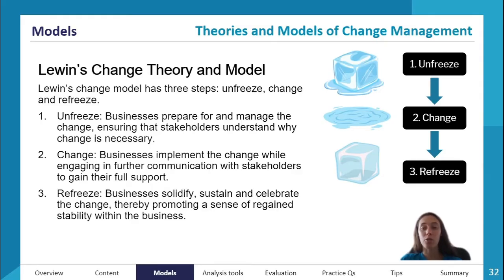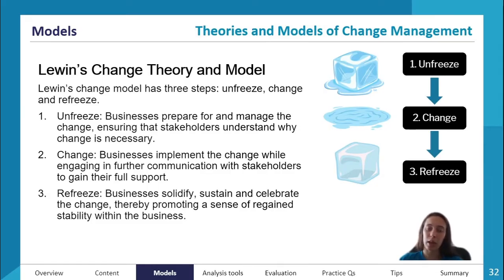Once you've unfrozen that, you can then conduct the change when you've got all those pieces that you can move around and reshuffle, and then once you've made those changes, you refreeze to form that solidified change and back to that original state.